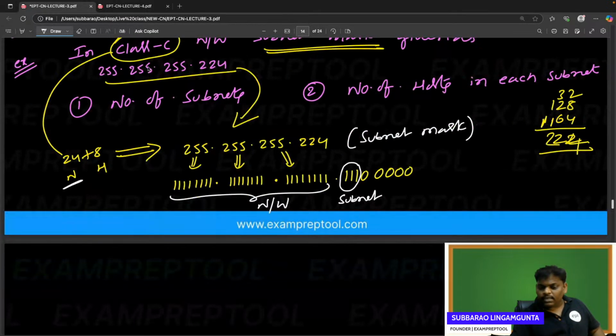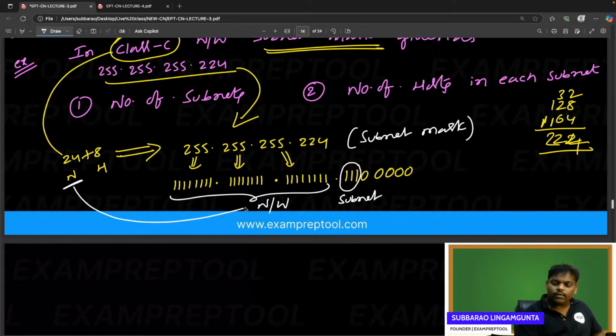But remember, it is a class C. Class C has 24 bits for network and 8 bits for host. Because of subnetting, a few of those host bits are given to the subnet.